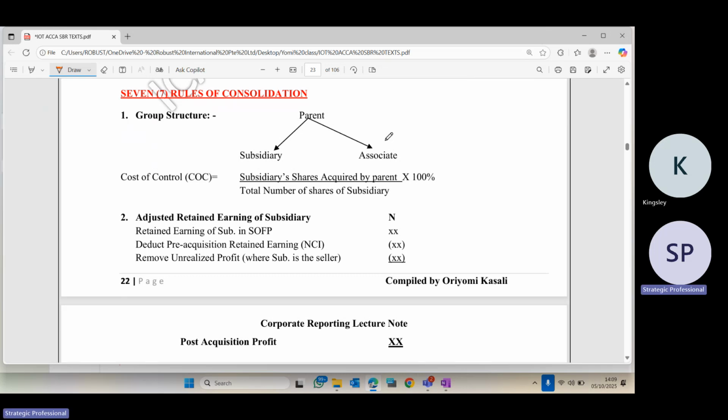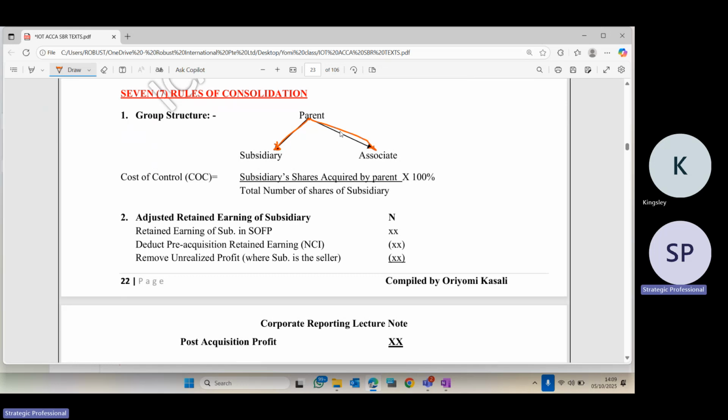We have explained subsidiary. There's what we call a group structure, which is the percentage of the parent in the other entity. From this diagram, it can be seen that a parent company acquires a subsidiary company and also acquires another entity known as an associate.